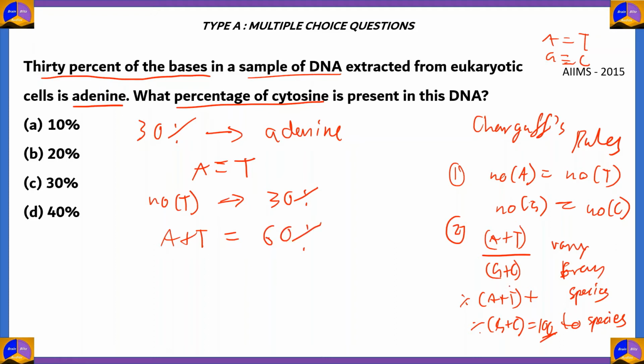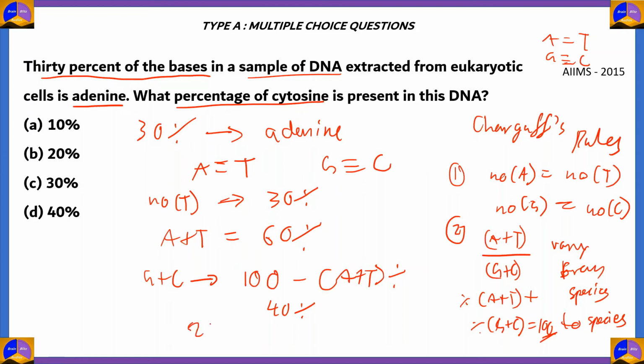Since the total percentages add up to 100, the number of G plus C is 100 minus 60, which gives you 40%. And again, since G is bonded with C always, the amount of G will be 20%, and the amount of C will also be 20%. So that makes option B the right option.